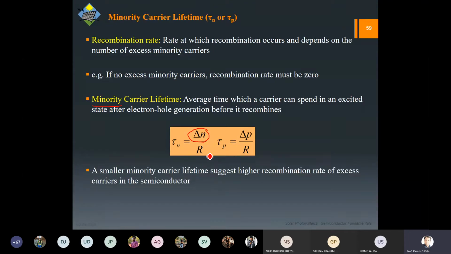Obviously we want this recombination rate to be as low as possible, such that the lifetime of the carrier will be much higher. In other words, a smaller carrier lifetime suggests that there is higher recombination happening in the material.